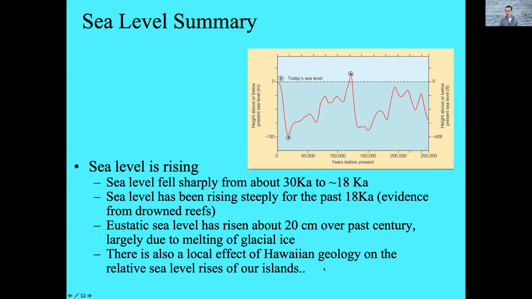And then there's also a local effect of Hawaiian geology on relative sea level rise of our islands. As we discussed in the ocean hotspots lecture, the islands are subsiding as they move off the local hotspot. So you have both sea level rise and the islands moving down, which gives a greater overall apparent sea level rise.